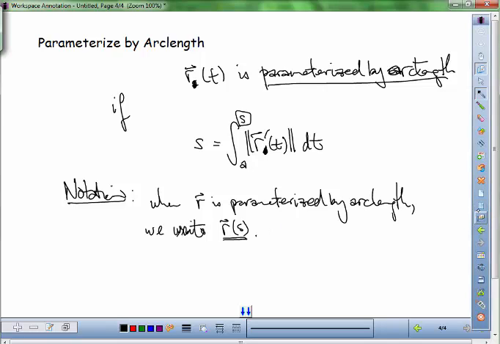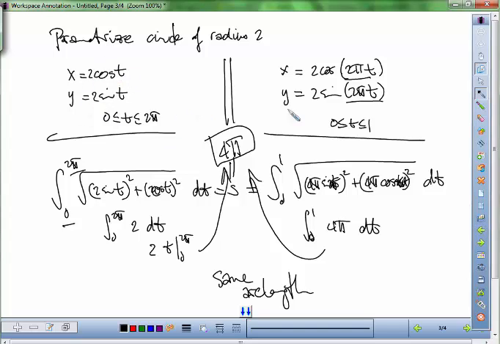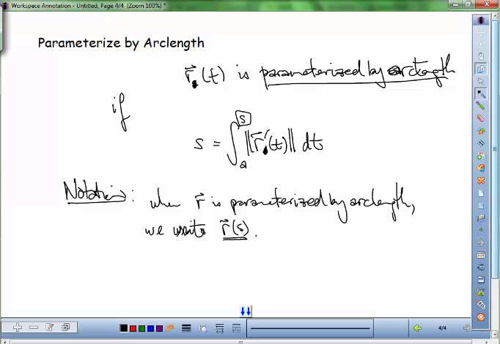All right, let's see if we can do an example. So should we? I guess we should do this one. See if we can parameterize this by arc length. Circle of radius 2.